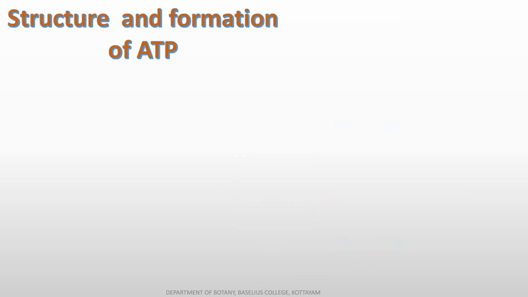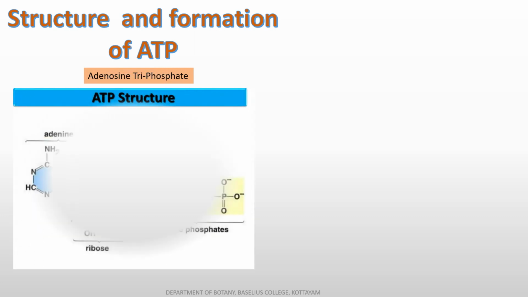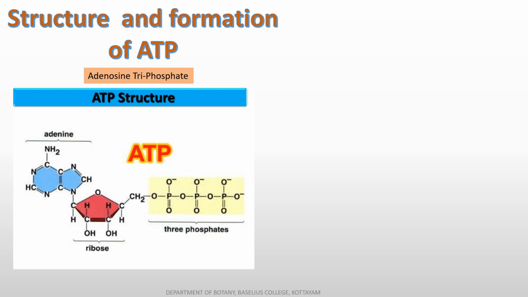First, ATP. What is ATP? Do you know the expansion of ATP? It is adenosine triphosphate. Basically, it is a nucleotide with a nitrogen base, adenine, a pentose sugar, ribose, and 3 phosphate groups.